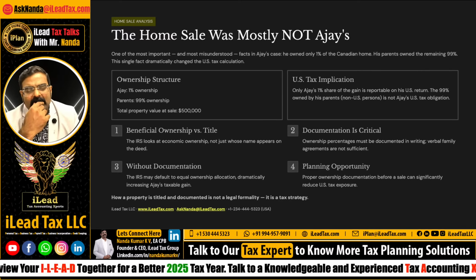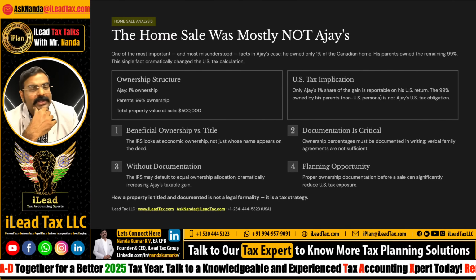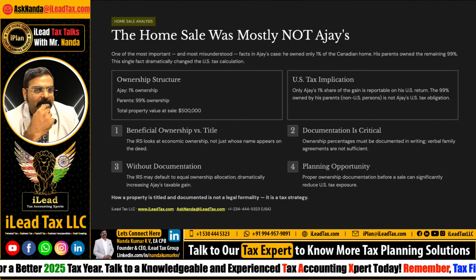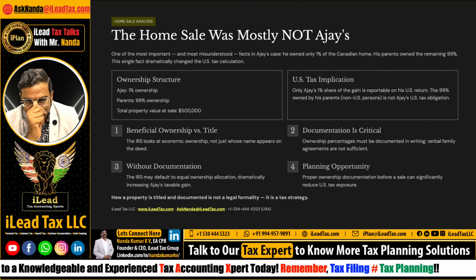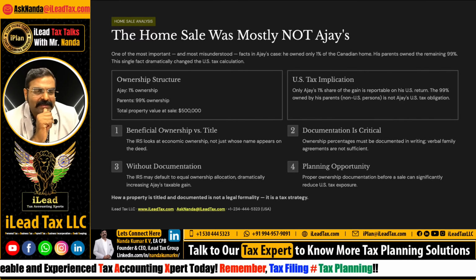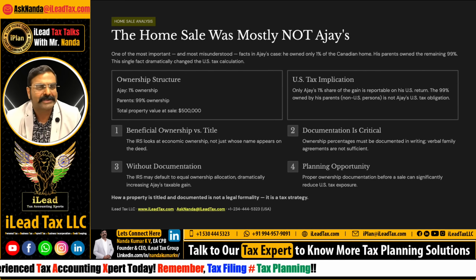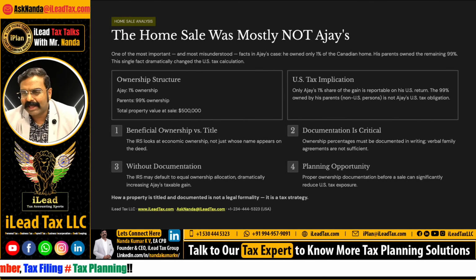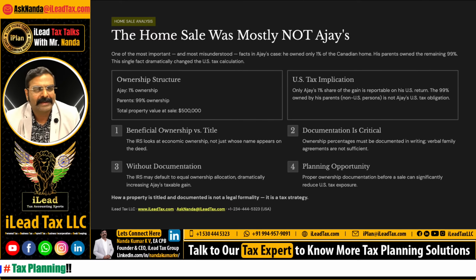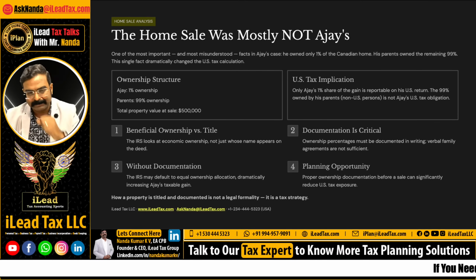See, in Ajay's specific case, 1% ownership, only 1%. His parents own 99%. The single fact dramatically reduced his US tax exposure on the home sale. So instead of calculating section 121 on the full gain, only 1% of the gain needed to be reported on the US return, if you notice. But here's the lesson.